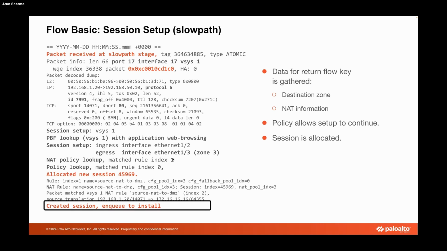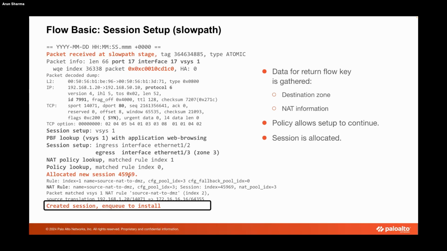So over here we are seeing 1 and 0, but in the GUI you must have a name associated with them, like allow DNS traffic or allow internal traffic or GlobalProtect users, but it is just using it as an index. Okay, we have allocated a new session ID 45969.